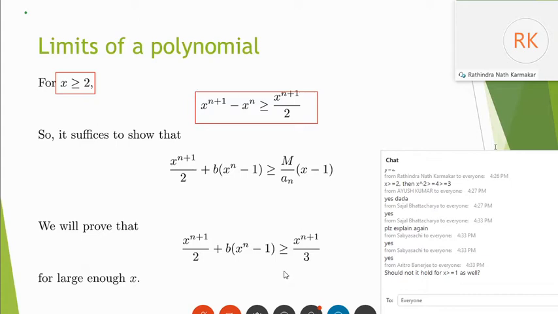So when x is greater than or equal to 2, then if you just manipulate this expression a bit, do you not get that x^(n+1) minus x^n is greater than or equal to x^(n+1) by 2?